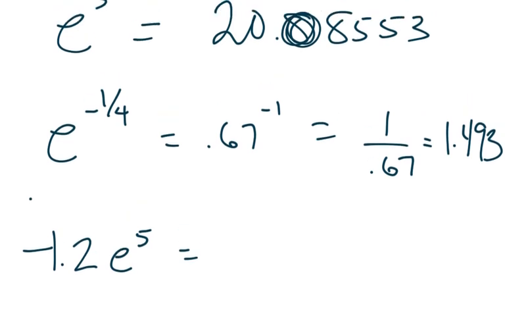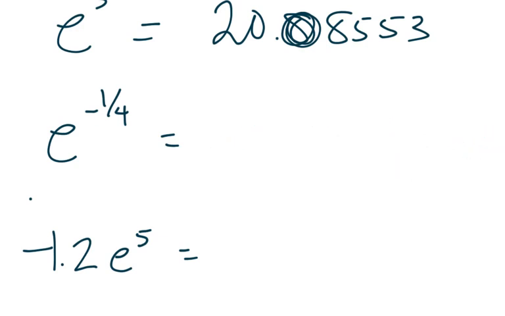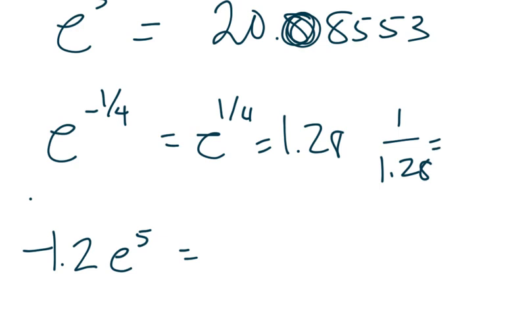Well, it shouldn't be negative. I don't think that should be negative. Okay, so what I've done here is wrong. We're going to get rid of that. e to the 1/4 power, and I don't know why my calculator said that, e to the 1/4 power is 1.28. And then when we take that and make it negative, then we get 0.7788, and that's what the right answer is.